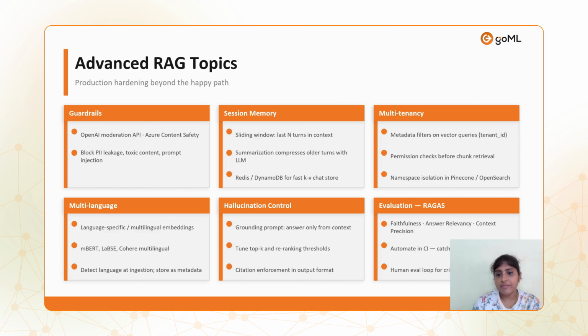Next, coming to evaluation. Evaluation is a prominent step or component of any application. Evaluation is usually done with Ragas framework. The 4 metrics that we track are faithfulness, answer relevancy, context precision, and context recall.